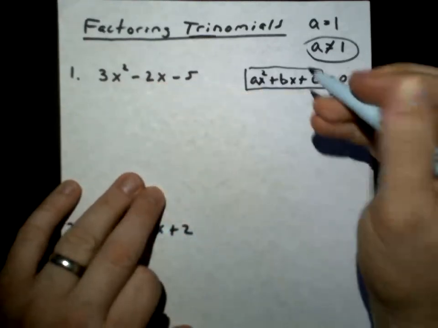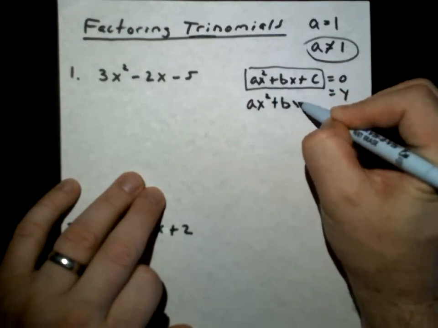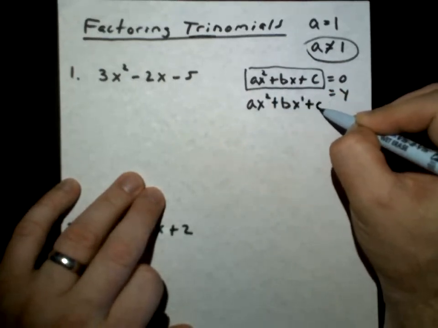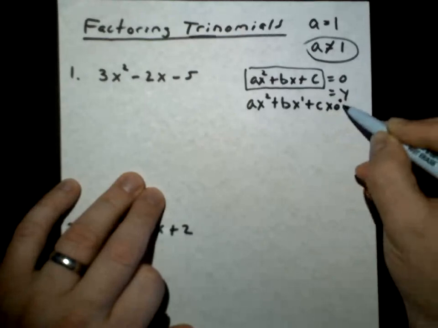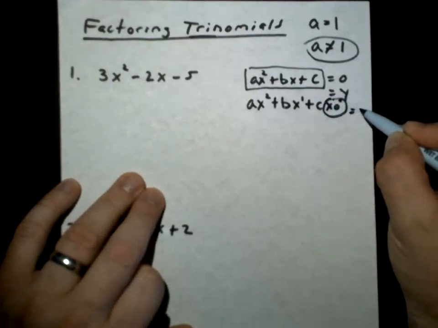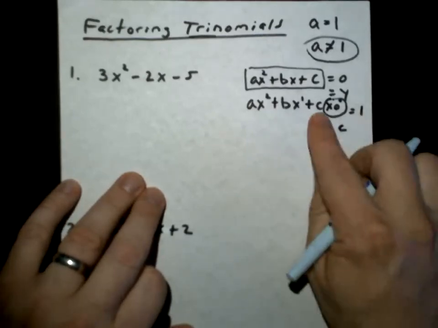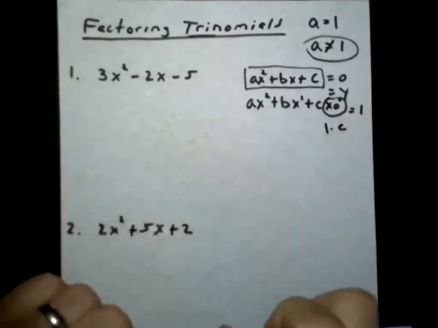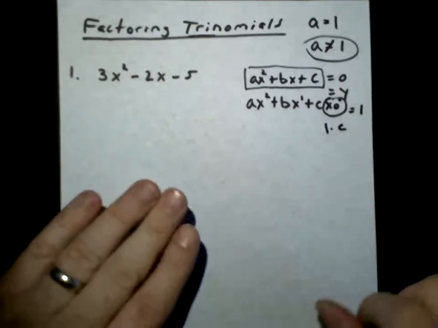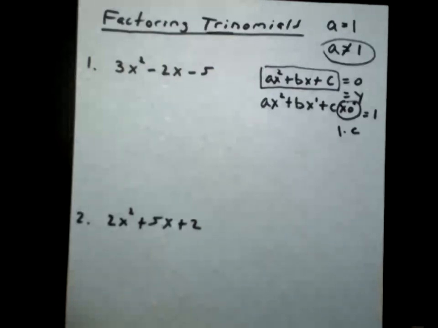I don't want you to get misled, because it looks like this. We just don't write this part right here because this part is equal to 1, and you know what 1 times c is. It's just c.